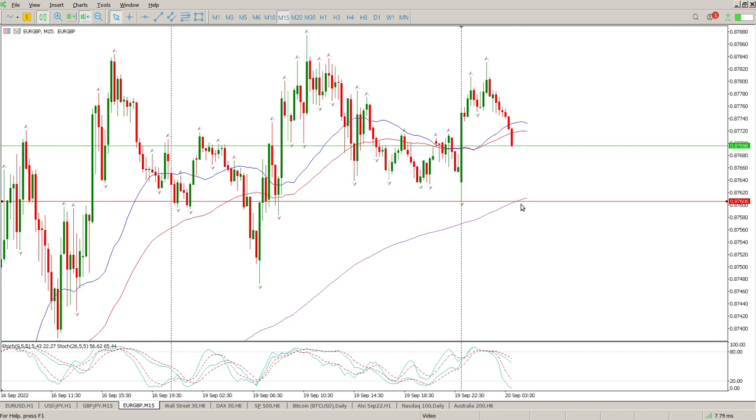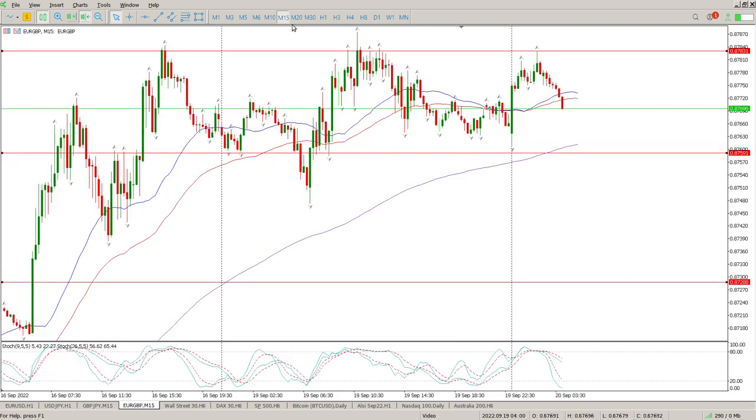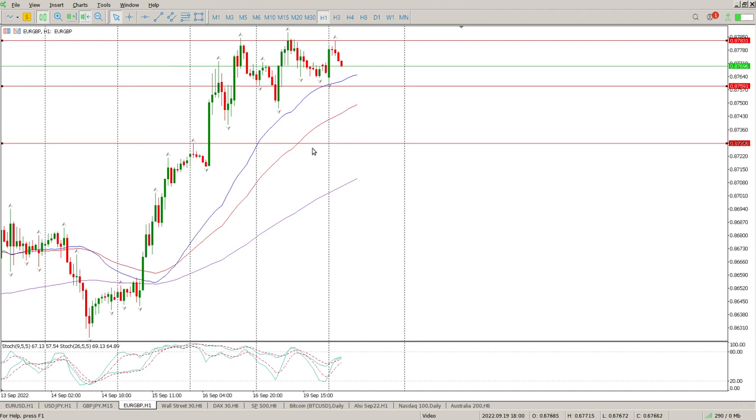You're looking for a move down here, a rejection of this area, and just look to the left, you can see there's structure. A rejection of this area at 0.87591, then you're looking for an entry long on the top and a stop just below for a move back to the top of the range. Not really my cup of tea. I don't like trading ranges, but those are the two scenarios we have brewing.